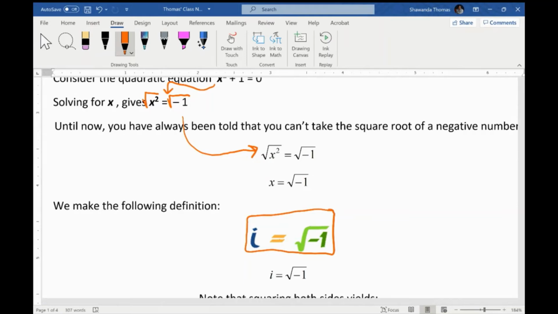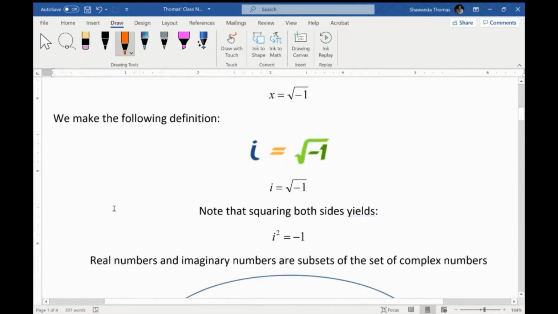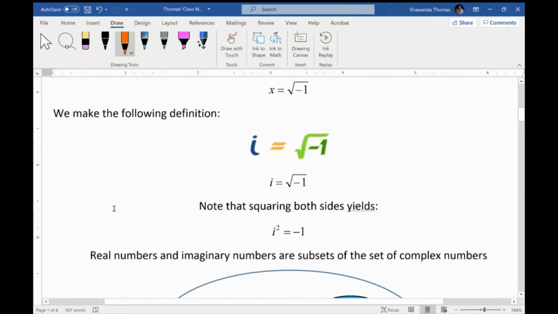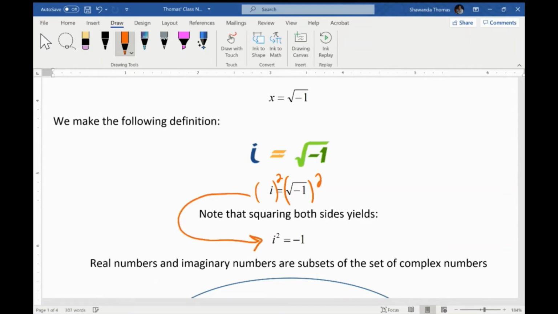So I want you to memorize that i equals the square root of -1. Also note that if you square both sides, then i squared will equal -1. Does that make sense?